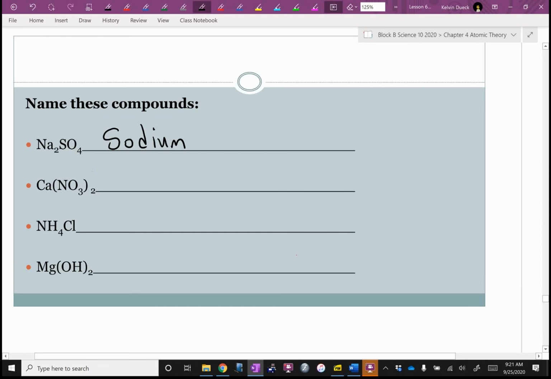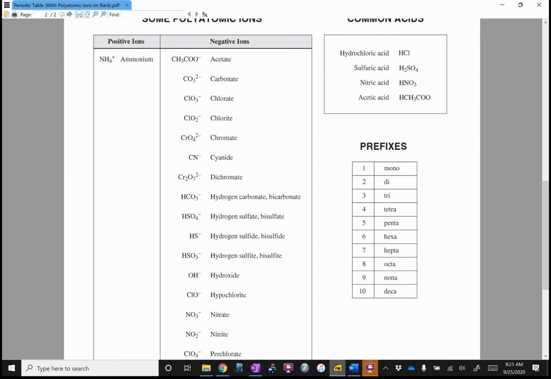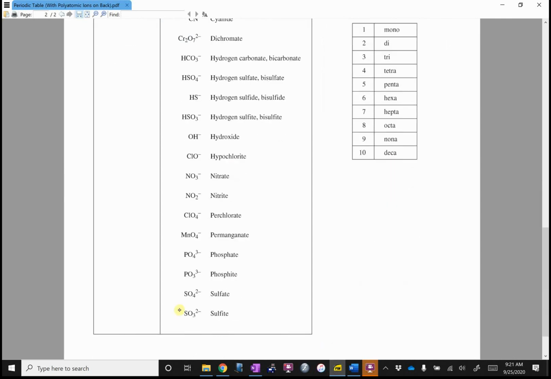Is there more than 2 capital letters? Yes. Then this is a polyatomic ion. Look on the back page of your periodic table. You have a name for SO4. Sulfate? If you don't have your periodic table flipped over, you can't do this. So SO4 is way down here, and we call that sulfate.